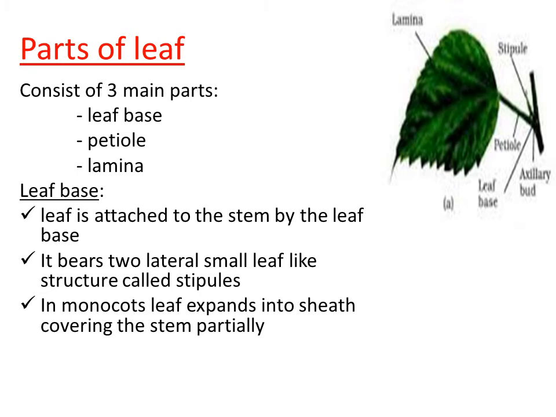Then in monocots, the leaf base expands into a sheath-like structure and it covers the stem partially or completely. So this tells us that not in all angiospermic plants does the leaf base show the same characteristic feature.